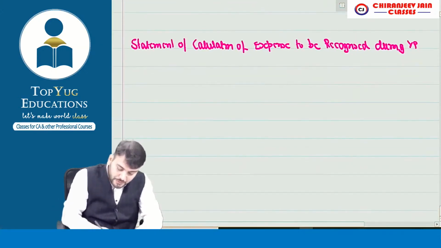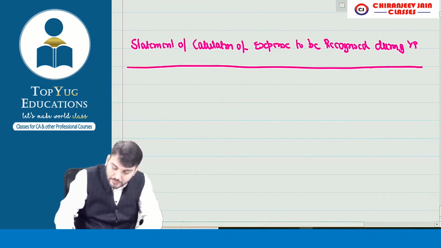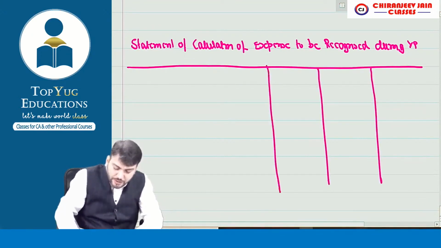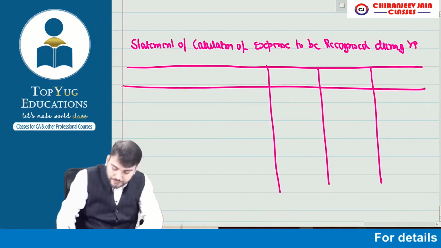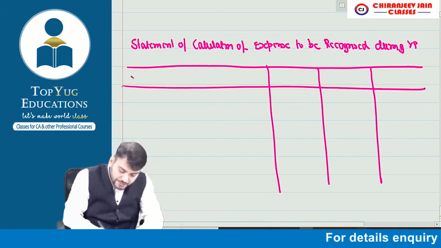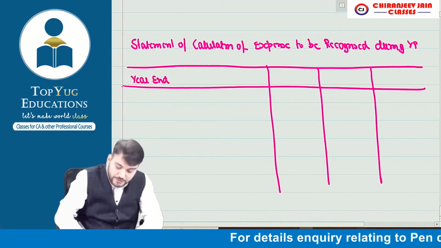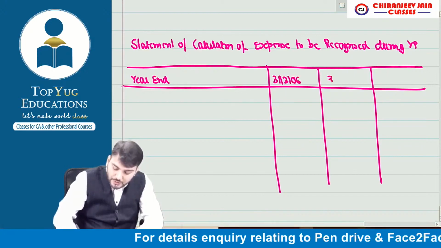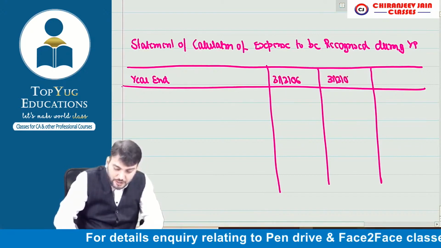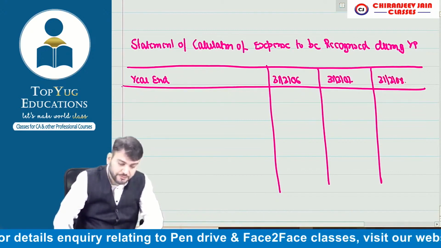Vesting period. So whenever they ask only expense, तो थोड़ा सा सिस्टमेटिक ऑर्डर में करेंगे. तो यहां लिखेंगे ईयर एंड, that is 31st March 2006, 31st March 2007 and 31st March 2008.